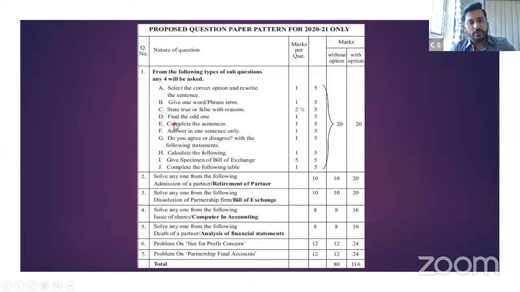Answer in one sentence, or a possibility of asking the bill of exchange or any other format of objective type would not be there, possibly. Fine. So out of these, 4 questions would be asked.